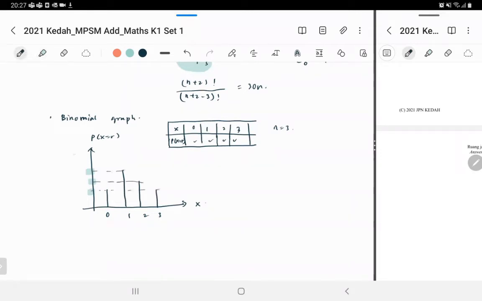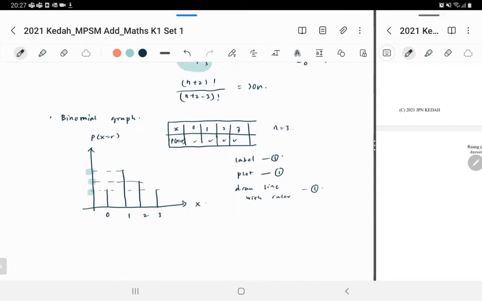All the probability plus together shall be equals to 1. Okay, binomial graph, you will need to know how to sketch, how to draw the graph. Drawing the graph, you will need to label. Normally, label is 1 mark, and then you plot the points correctly, 1 mark, and then you draw the line with ruler. Must be with ruler. There is 1 mark. So 3 marks question for drawing the binomial graph.